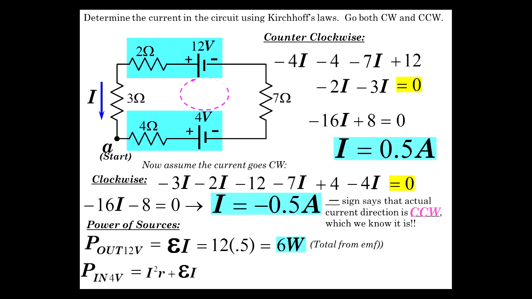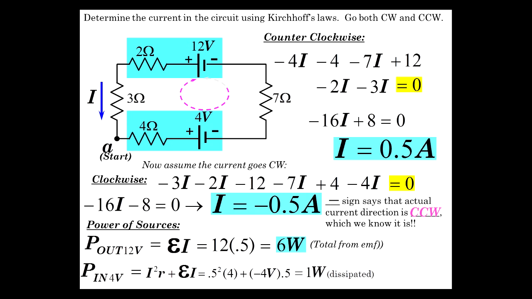The power into the 4-volt battery. Well, now I'm looking at the whole battery, including its internal resistance. I squared R plus EMF times I. So that's 0.5 squared times 4 plus -4, because it's a drop across here, times 0.5, which gives us 1 watt from the internal resistance.